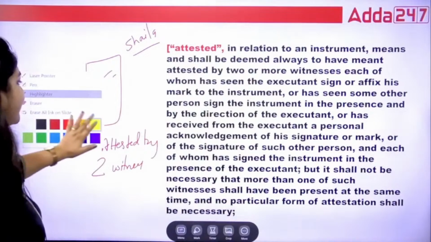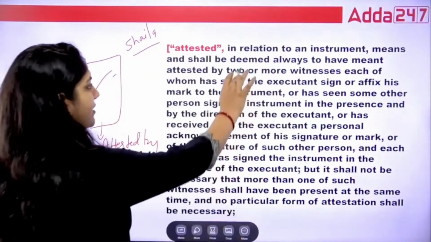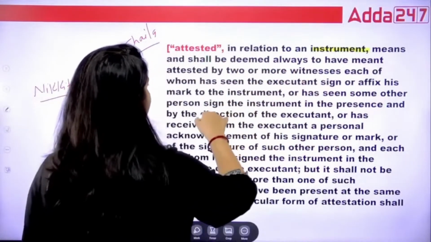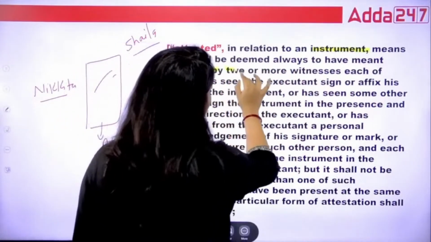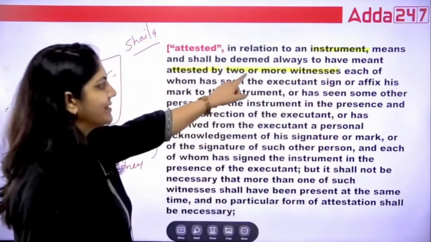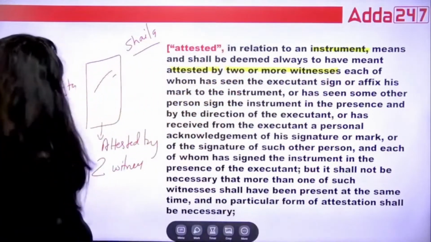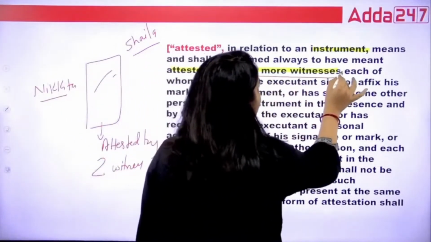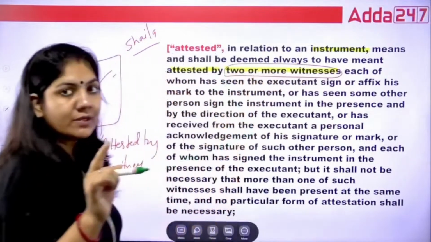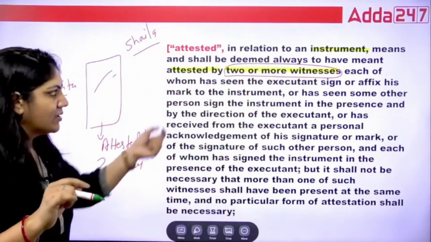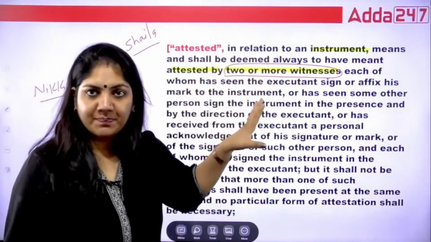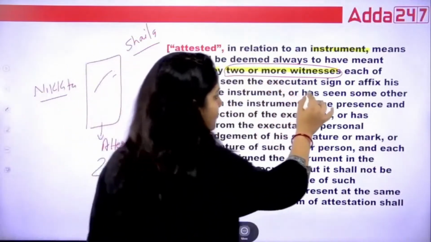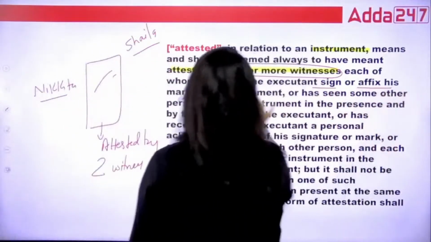Now, what is written in this one? In relation to the instrument, attested shall be deemed always to have meant attested by 2 or more witnesses. This line is important. Guys, this line is important. 2 or more witnesses, not only 2, but at least 2 witnesses, or it can be more. Each of whom has seen the executant sign, or affix his mark.